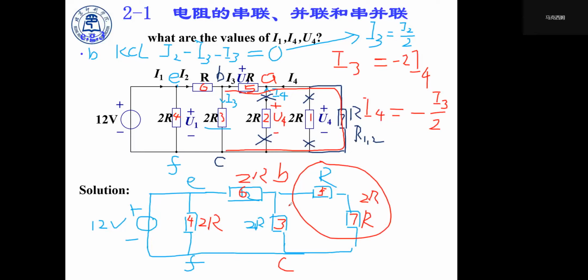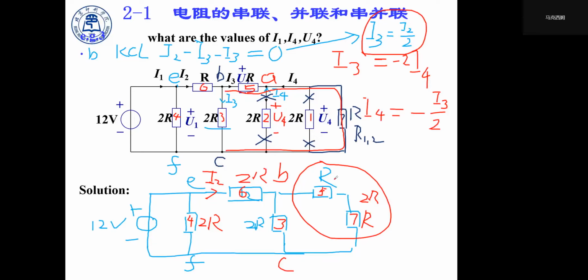So we have the conclusion that I3 equals half of I2, and this one is I2, right?